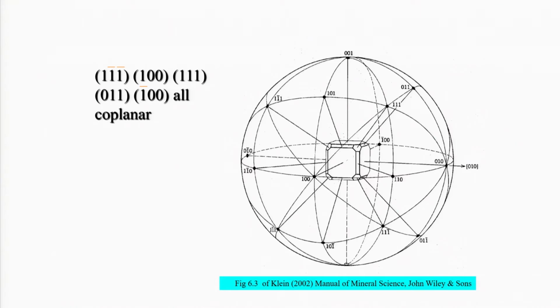Now, we can go back to this particular part here. So, let us consider that there are certain planes here: 1 1 1, 1 bar 1 bar 1, 1 0 0, 1 1 1, 0 1 1 bar 1 0 0. These are all lying in one circle here. So, if you say this is 1 0 0, then this is 1 1 bar 1.